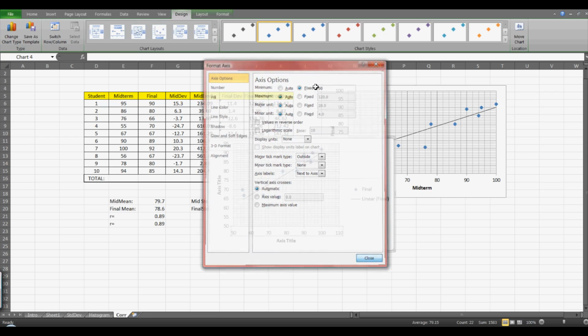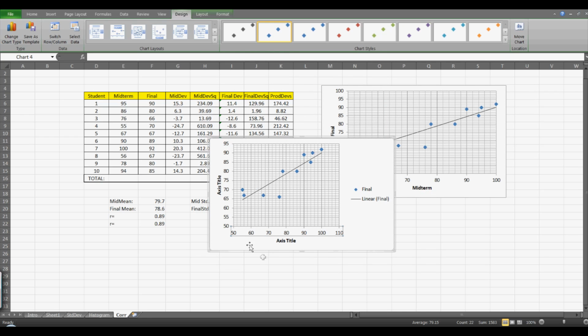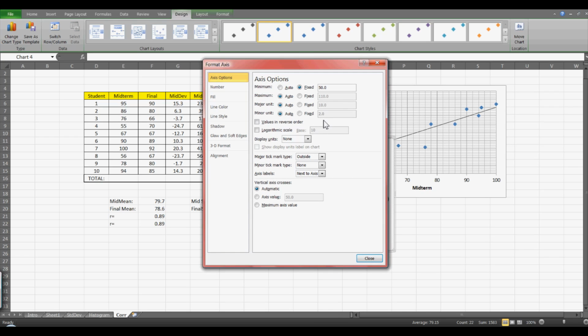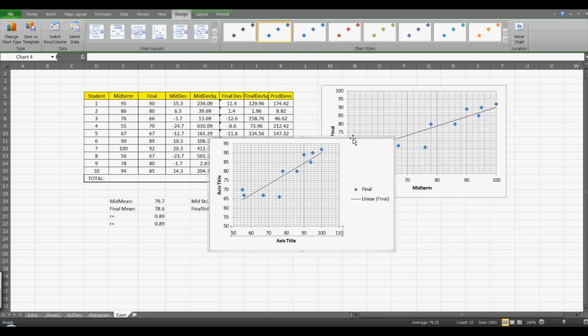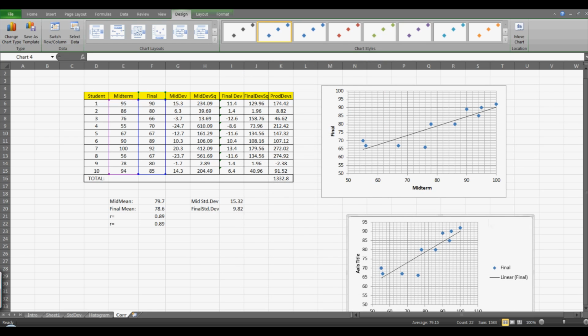So double click the number, and it will bring up this formatting information. There I just changed the minimum. Instead of automatically going down to 0, I told it to go to 50. So there you have it.